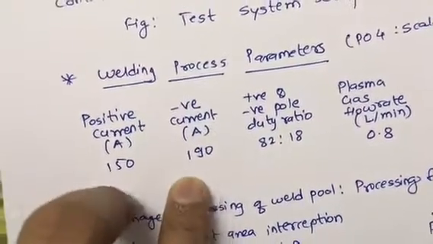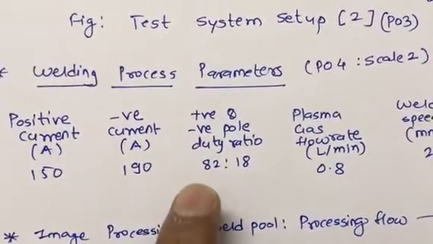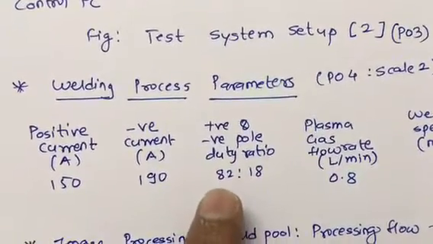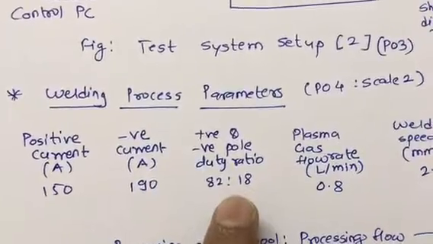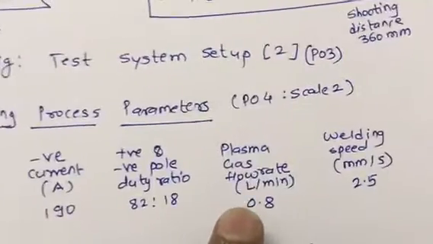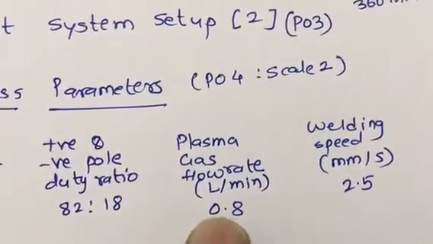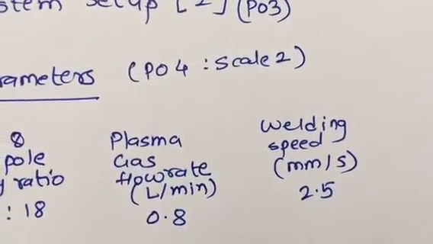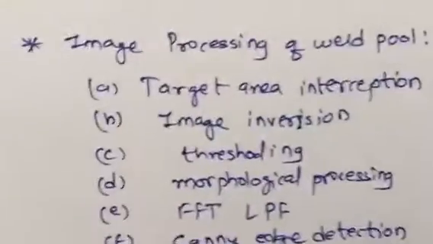So we have seen the pulsating waveform. Then positive and negative pole duty ratio is there. So the positive current is remaining 82% of the time, and negative current is remaining 18% of the time. And the plasma gas flow rate is 0.8 liters per minute, and the welding speed is considerably low, that is 2.5 mm per second.